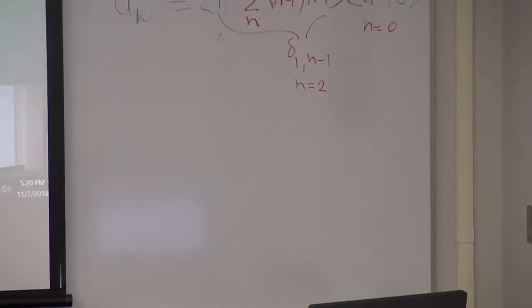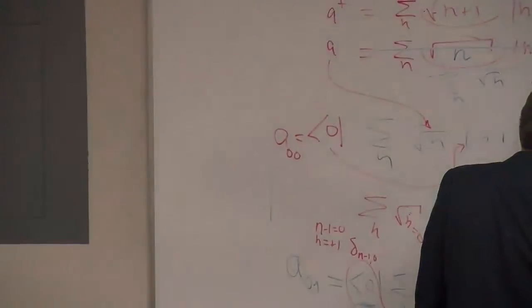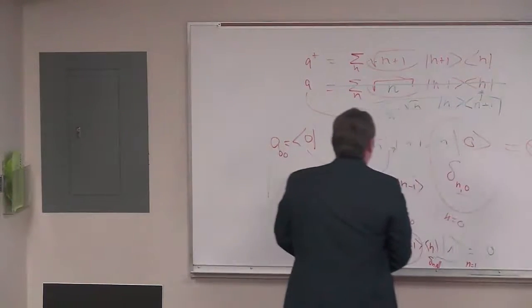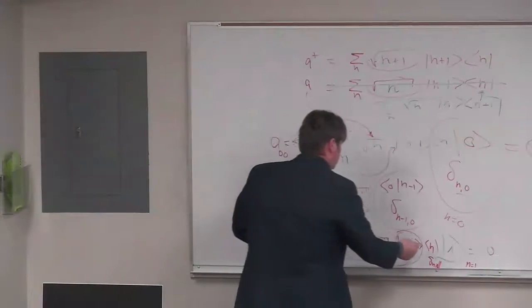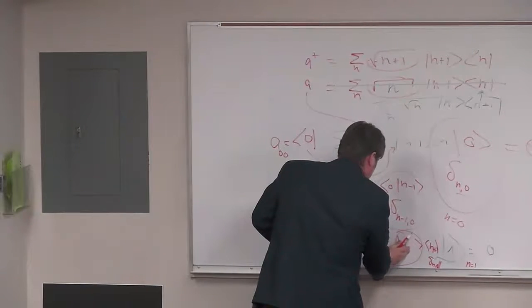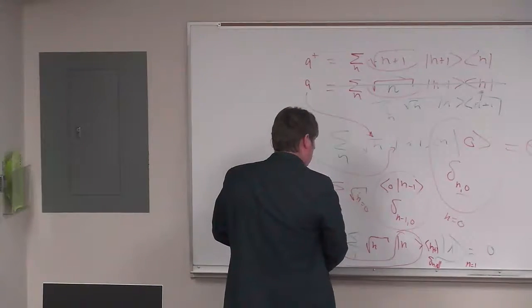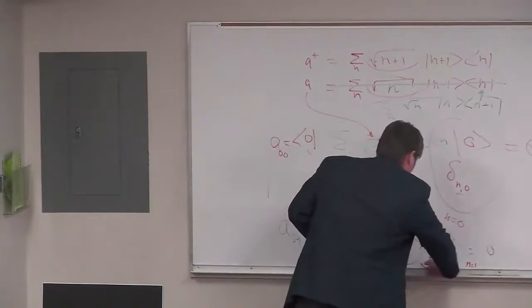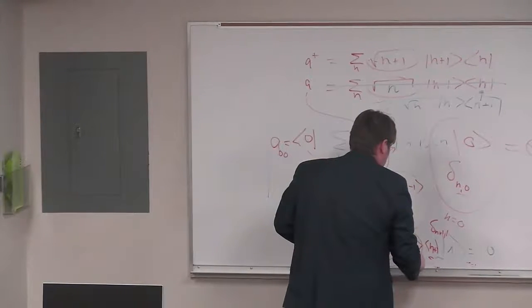So the diagonal element will still be 0. And for 0, 1, quickly. Delta n plus 1.